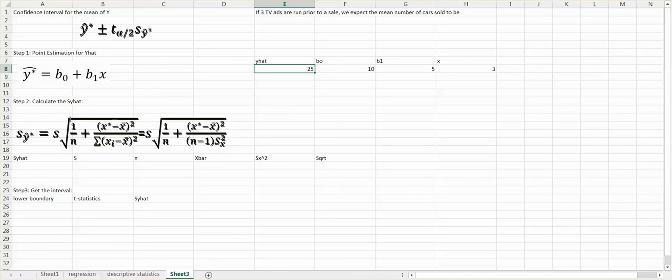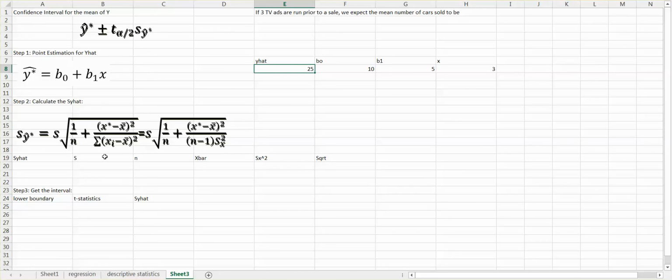As I mentioned, this part actually equals the standard error times the square root of 1 over n plus x, the value we are given, minus the mean of x, squared, divided by n minus 1 times the sample variance of x.